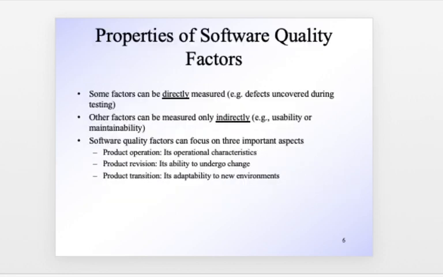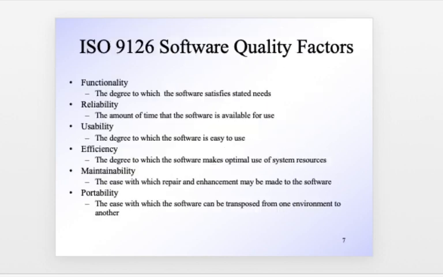If you look at the properties of software quality factors, there are certain factors that could be directly measured, and there are certain factors that could be measured only indirectly. Software quality factors basically focus on 3 important aspects. You start with product operation, then move on into revision, and then to transition. ISO is the International Standards Organization.